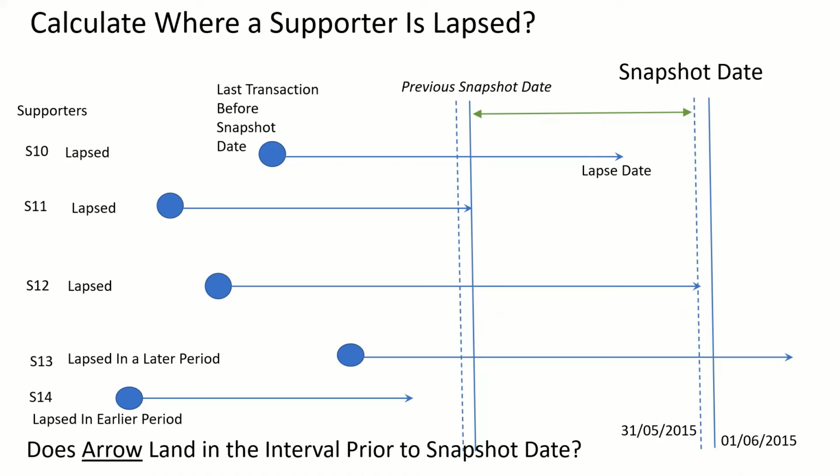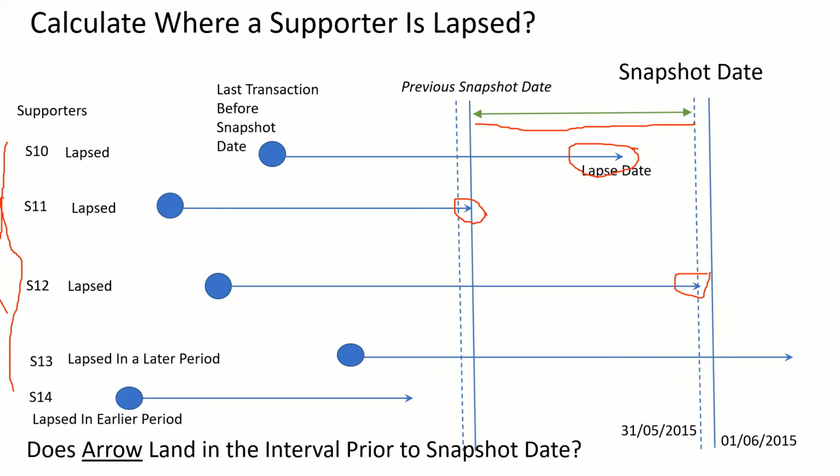To see which of these supporters lapsed in this interval here, just prior to the snapshot date, all we have to do is to see which transactions had a lapse date within that interval. So this is one example, this is an example on the edge, and this is an example on the far edge.